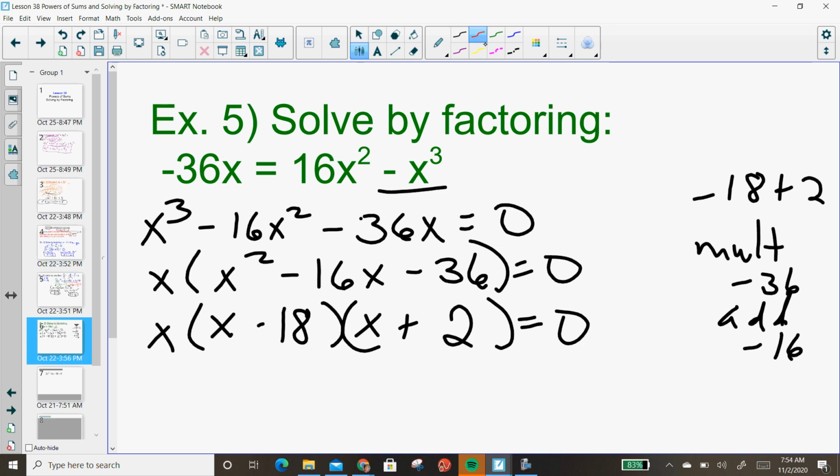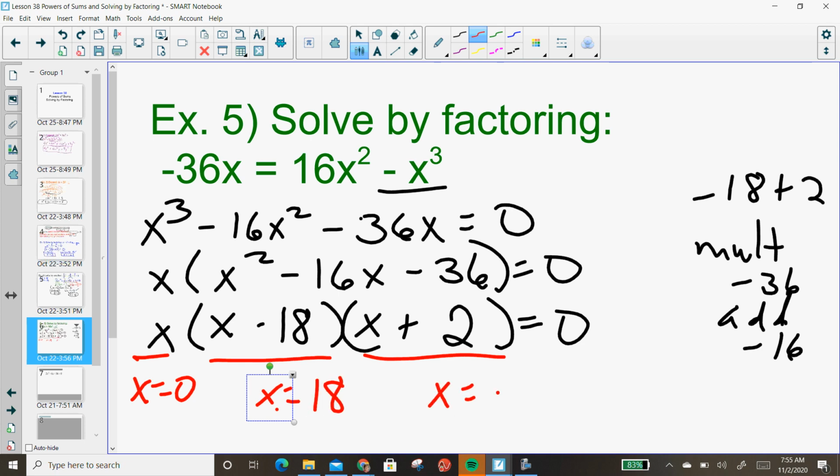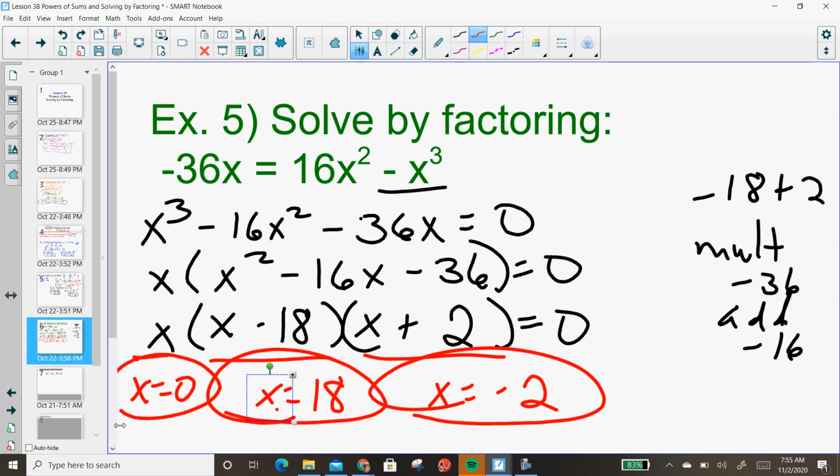Now we have three factors, two parentheses, and one that's just an x. Any of those three could be 0. So the x could be 0, the x could be 18, or the x could be negative 2. Everybody good there?